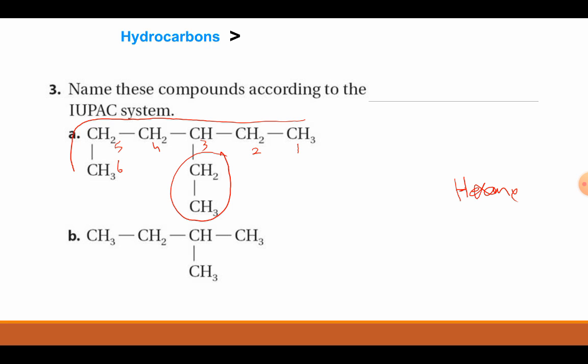Listen here. 3. I will treat that as one group because 2 carbons mean ethyl. Ethane will be ethyl. So 3 ethyl. 3 comma ethyl hexane. 3 comma ethyl what?